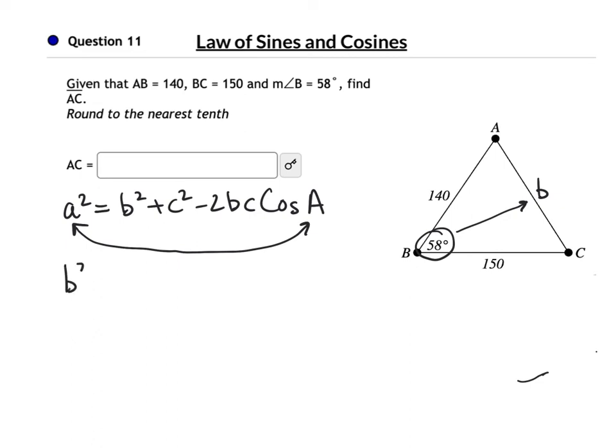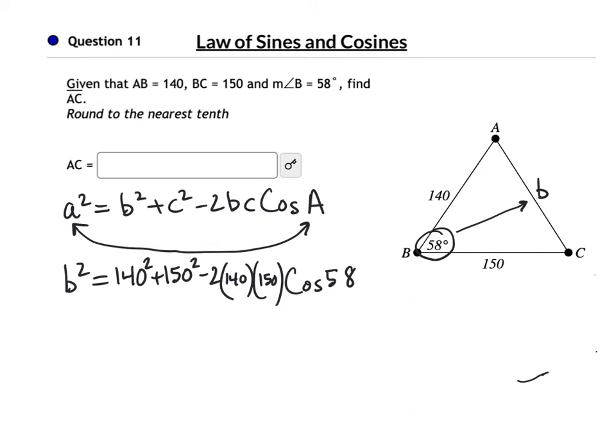We'll start with b squared. So b squared equals the other two sides squared, 140 squared plus 150 squared minus 2 times 140 times 150 cosine of 58.